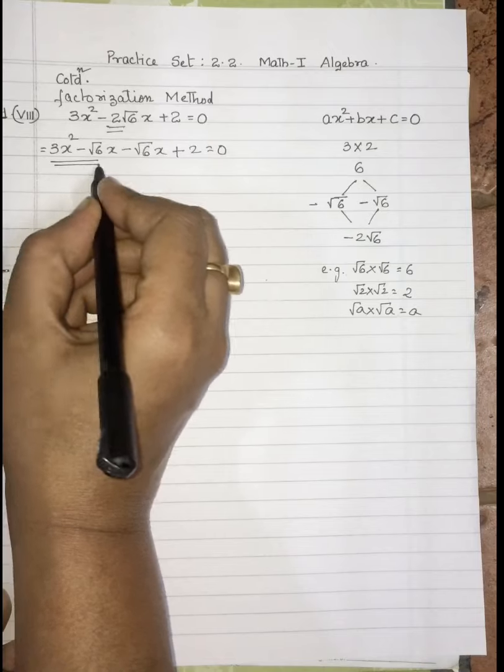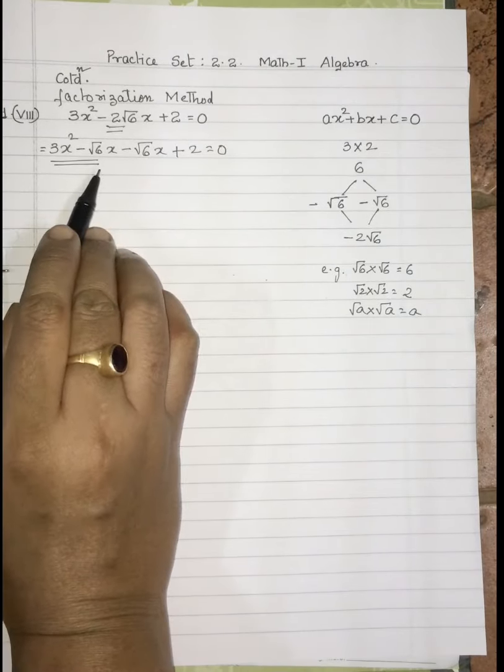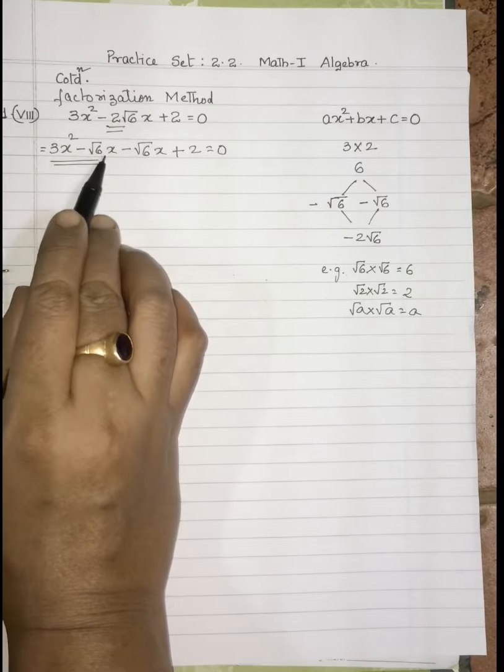From the first two terms, let us take common. Now what to take common, that we have to understand first. Here we have to split 3 as well as √6.